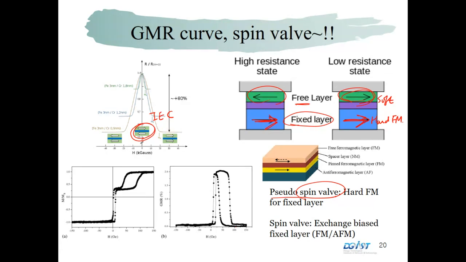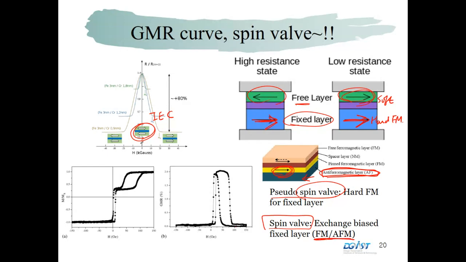And the other way is called the spin valve, which is a very clever idea. They introduced an extra antiferromagnetic layer. This antiferromagnetic layer is coupled with the ferromagnetic layer, and the magnetization direction of the ferromagnetic layer is fixed by the antiferromagnetic layer.